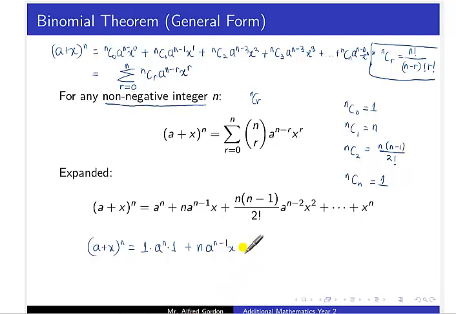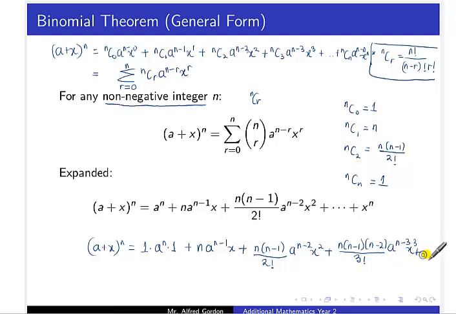Plus n combination 2 gives us n times (n minus 1) all over 2 factorial, with the expression a to the power n minus 2 and x to the power 2. Now this continues to the third term, where we obtain n times (n minus 1) times (n minus 2) all over 3 factorial, with the expression a to the power n minus 3, x to the power 3.